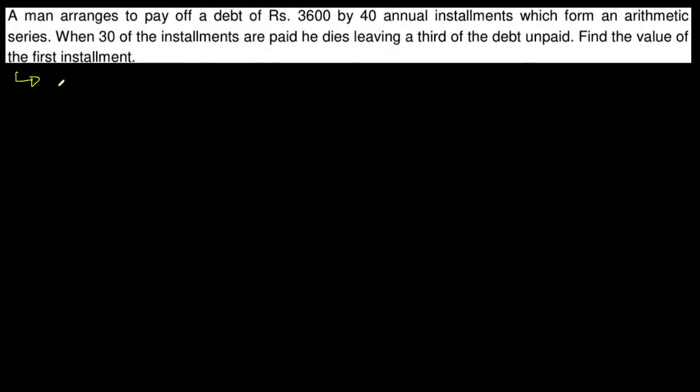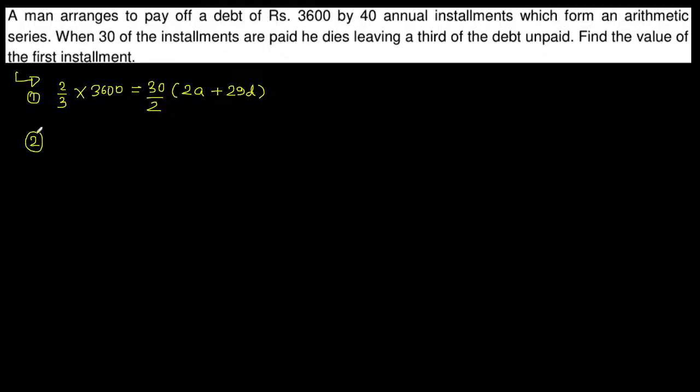One third unpaid means two thirds of 3600 is equal to 30 by 2, 2a plus (30 minus 1) into d. This is one.